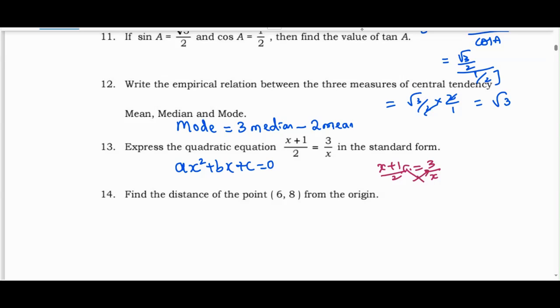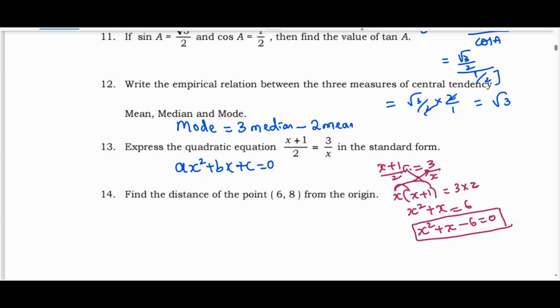By cross multiplying we get x into x plus 1 equals 3 into 2. So x into x will be x square plus x into 1 will be x, equals 6. If you take 6 to the left side, it will become x square plus x minus 6 equals 0. So this is the standard form of the quadratic equation for the given question.